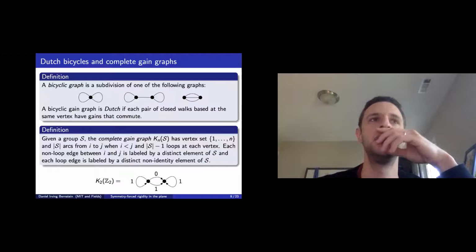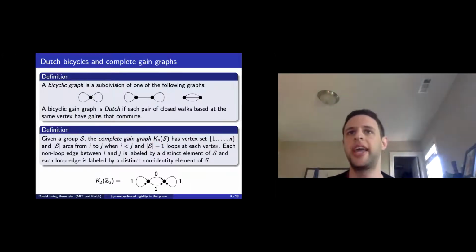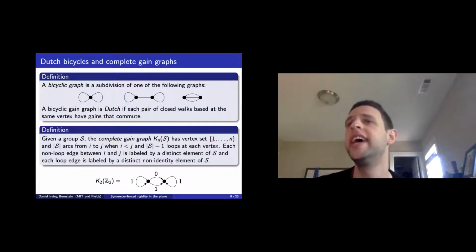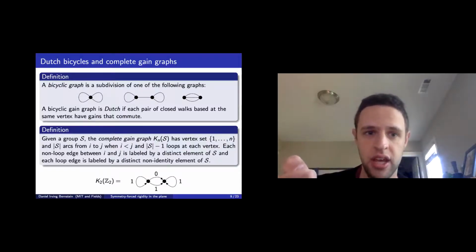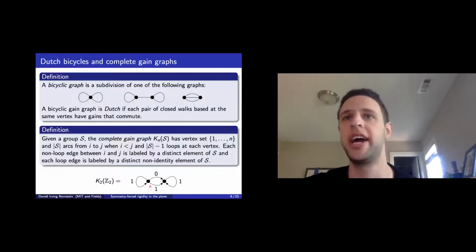And the other definition I need is just that of a complete gain graph. So K_n(S), the complete gain graph on n vertices with gain group S. It has vertex set 1 through n, and it's going to have an arc between every pair of vertices for each element of the gain group. And it's going to have a loop at every vertex for each non-identity element.